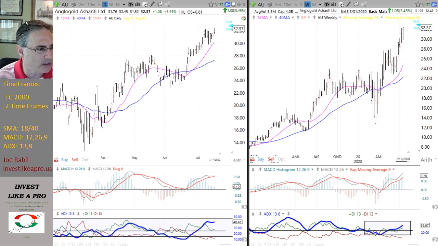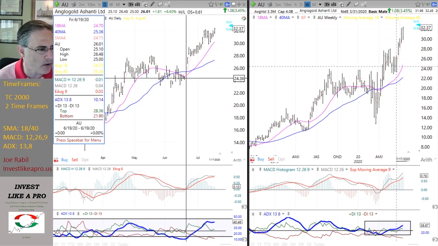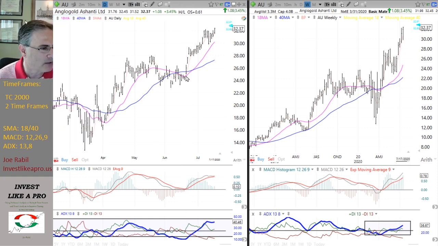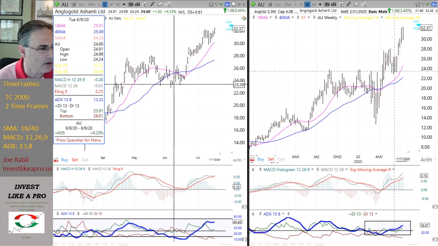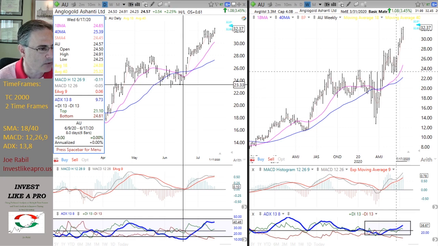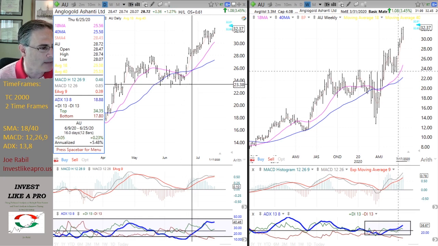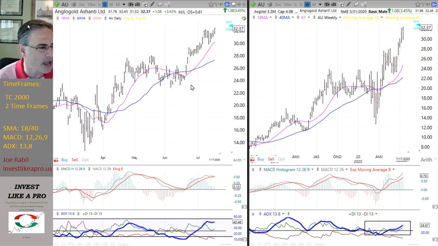And then I'm going to take a cross when price crosses back above here on a closing basis. That's your buy signal. And that would be right around $26. And then you're going to put a stop in underneath this low here. So if I'm buying this stock at 26, I've got a stop in around 23.5. And then I'm going to play my targets going up to the upside.